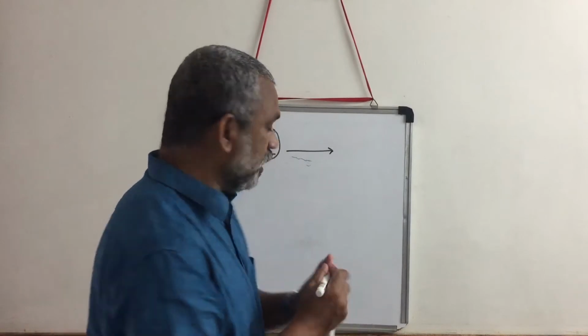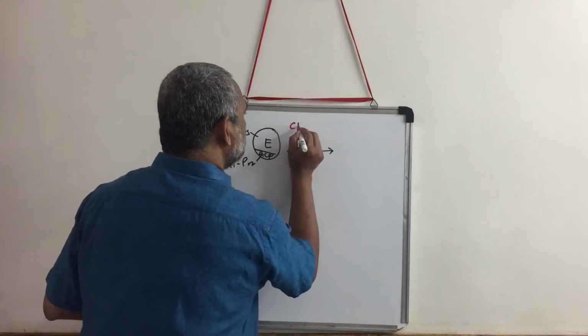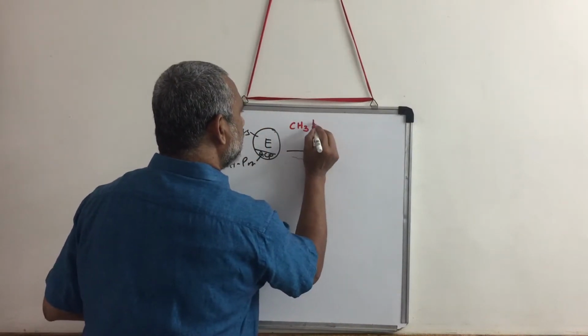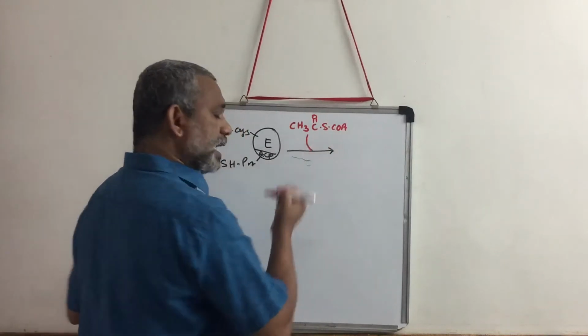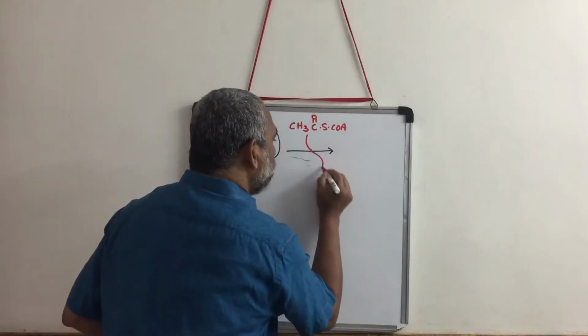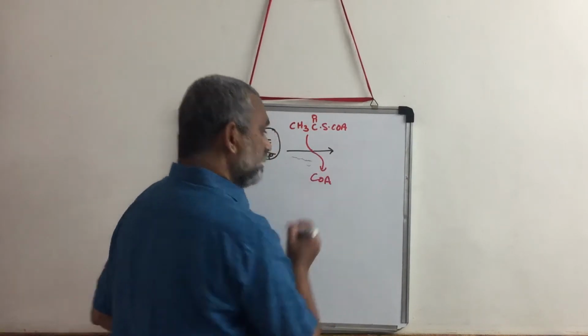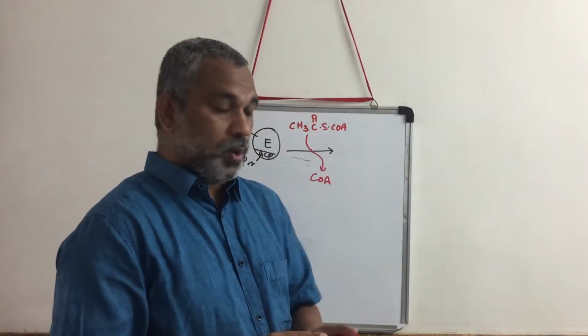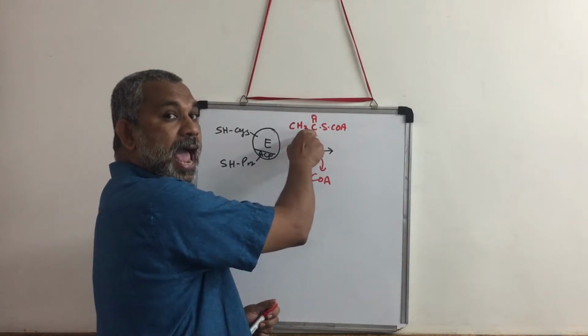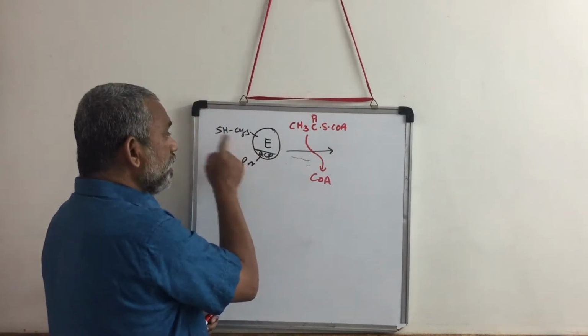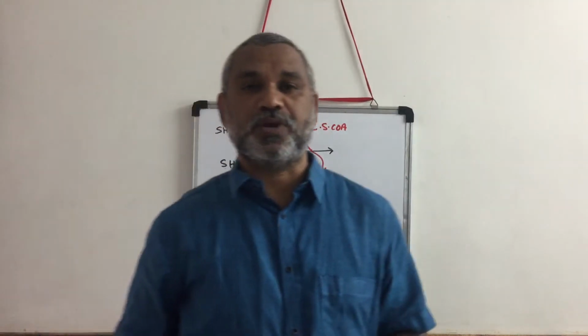So we will use a different pen. An acetyl-CoA is added and CoA is removed. This acetyl group is getting added to the ketoacyl synthase unit.